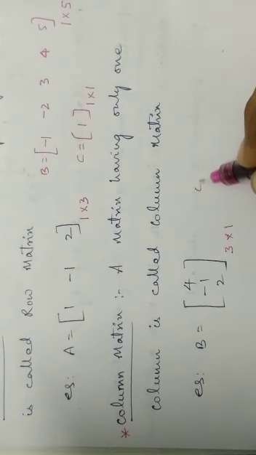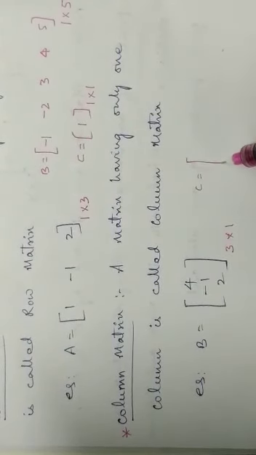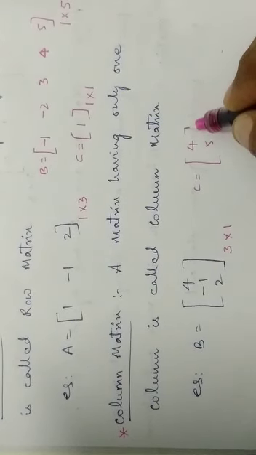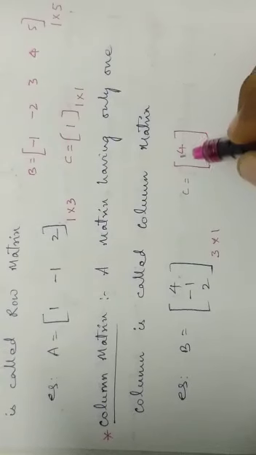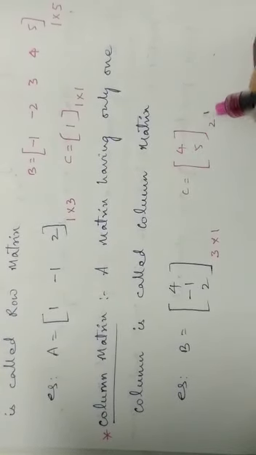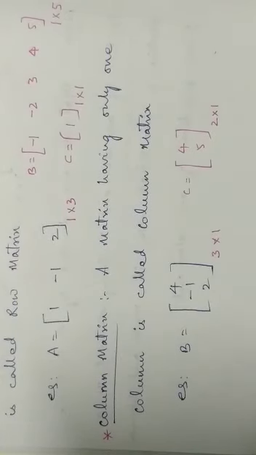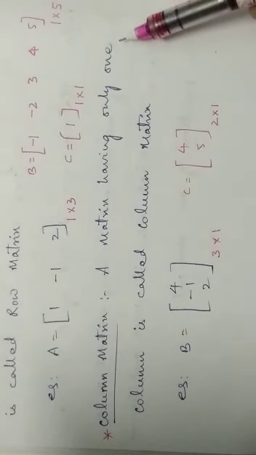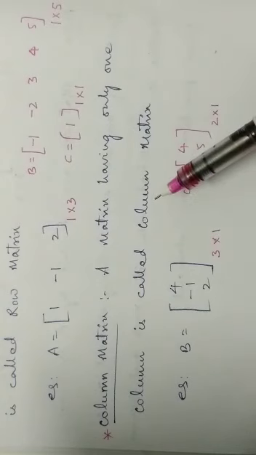One more example. 4, 5. How many rows? 2 rows. But only one column. Hence, column matrix possesses only one column.